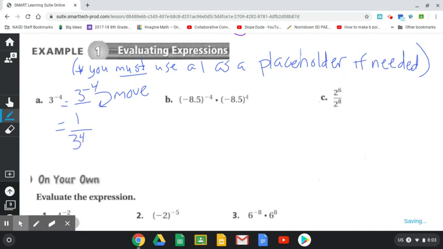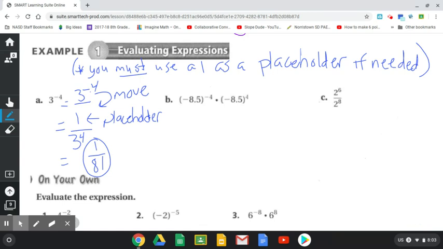When we move it down, that negative becomes a positive. This is a placeholder. I know it's weird. Okay, it's really weird, but you'll get used to it. Okay, we can even say 3 times 3 times 3 times 3, so 3 to the 4th power is 81. My answer here is 1 over 81.